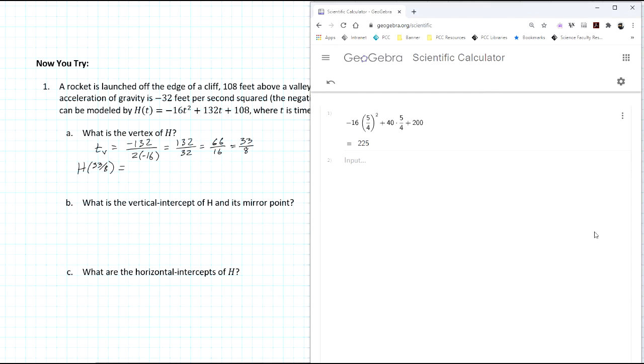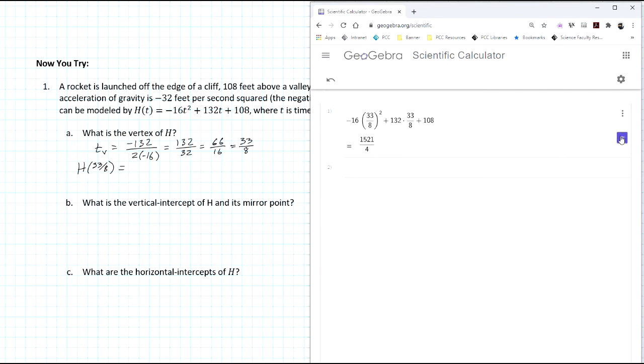We've got negative 16 times 33 over 8 to the second, and we want to go plus 132 times 33 over 8, and then we want to add 108 feet to that to get an approximation here. 380.25.